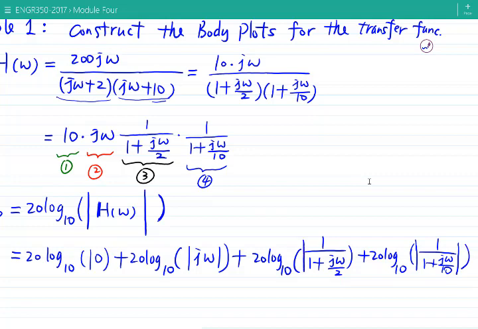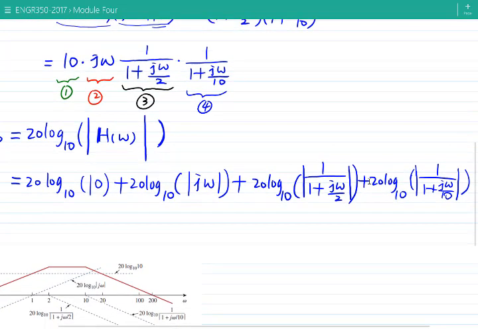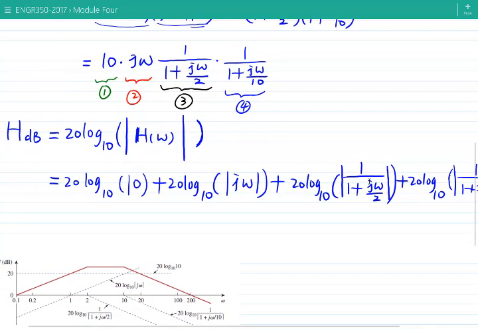Here we need to take the magnitude for each factor, then take the dB value, and then sum up the dB values.